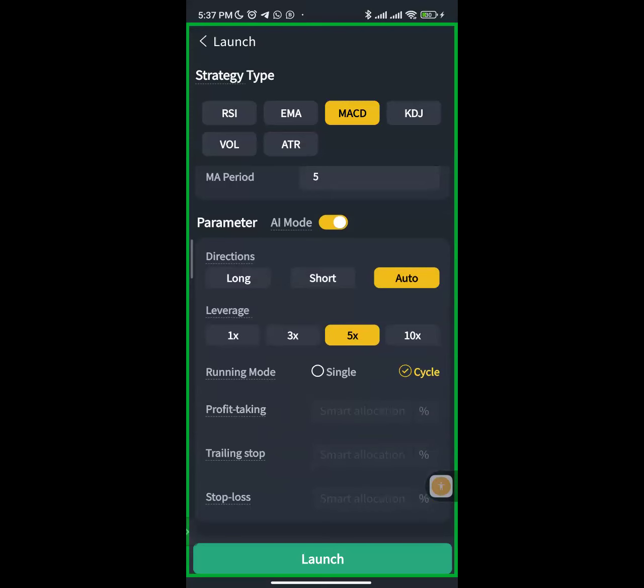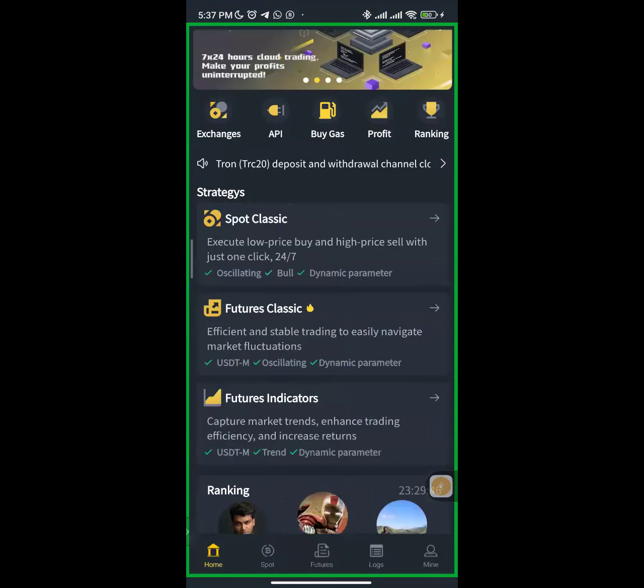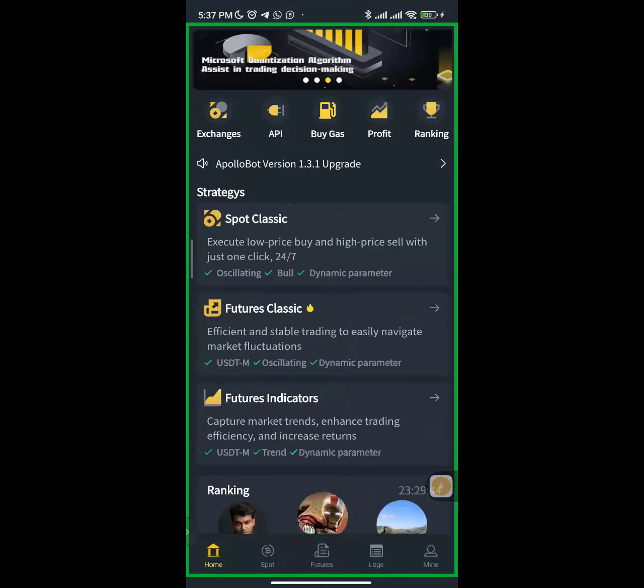So this is more of a semi-auto trade. Okay, so when you're done with that, you tap on launch. You can see launch down there. So that's it about the futures indicator.